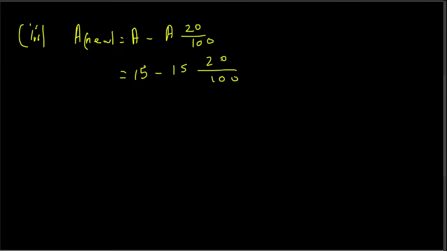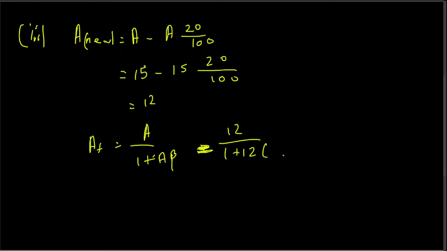This is 3, 15 minus 3, that is 12. If this is 12, then AF is going to be A over 1 plus A times beta, which is 12 over 1 plus 12 times the beta we calculated for this one, 0.033.